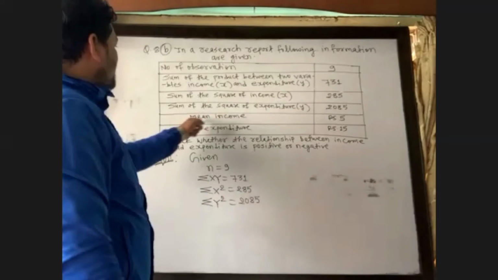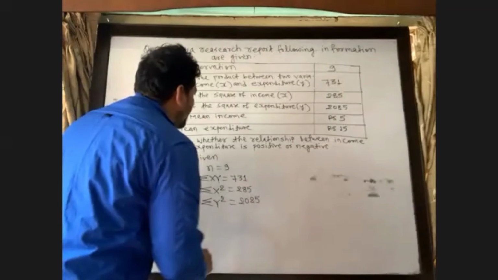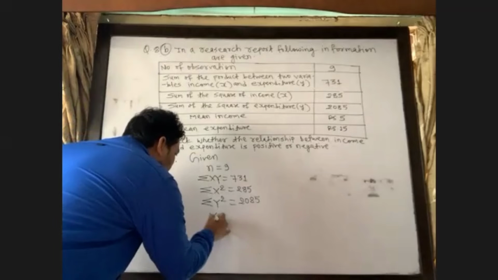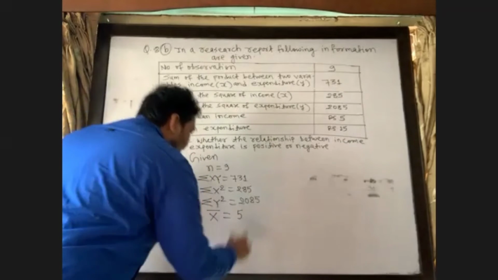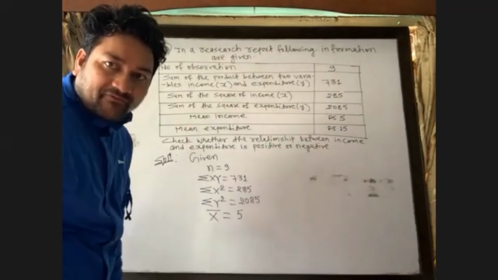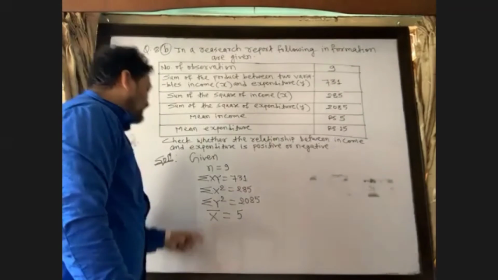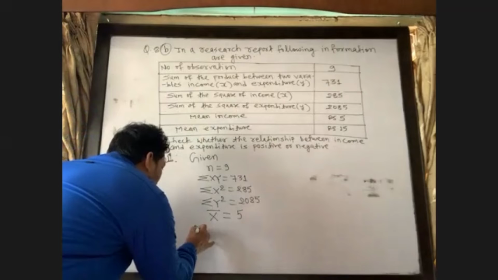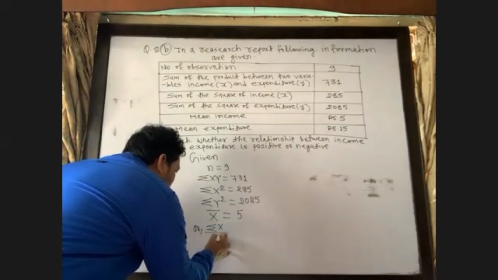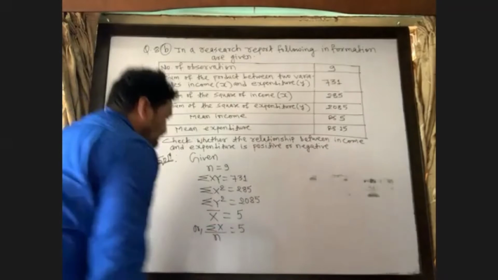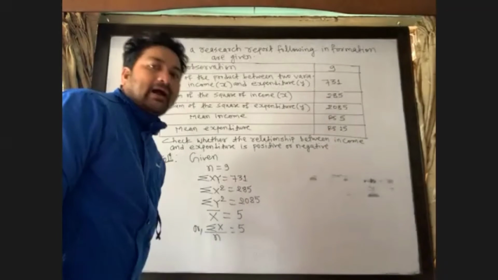अब हामीलाई यहाँ given छ mean income. Mean income भनेको चाहिँ यहाँ हामीलाई x bar given छ. X bar is equals to 5 given छ. अब हामीले यसबाट यो फाइन्ड आउट गर्न मिल्छ. यो भनेको summation x divided by n हो. Summation x by n is equals to 5.